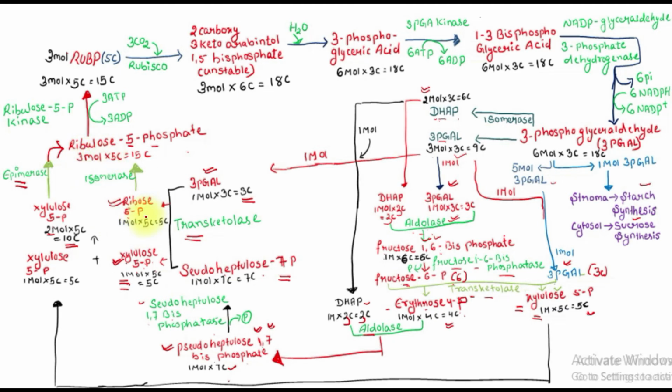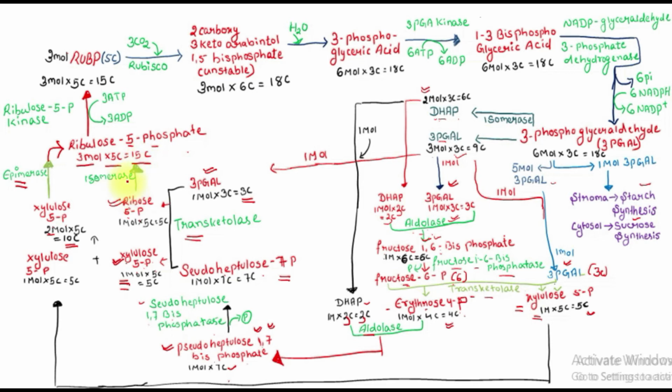From ribose 5-phosphate we have got 5 and from xylulose 5-phosphate we have got 10 carbons. So in total we have got 15 carbon. This ribose 5-phosphate is having 5 carbon, which is of one molecule, and xylulose 5-phosphate is also a 5-carbon containing compound, with 2 molecules of xylulose 5-phosphate. So in total we got 3 molecules of 5-carbon containing compound, that is 15 carbon.